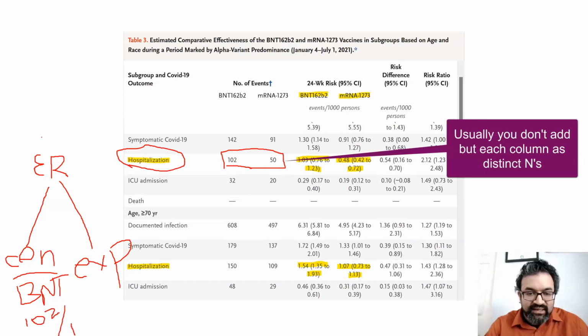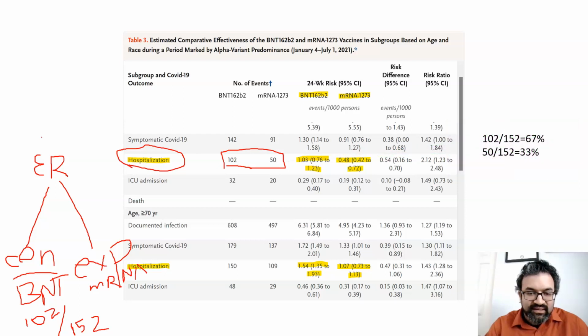And then the experimental group we're going to designate as the mRNA. And that rate is 50 over 152.